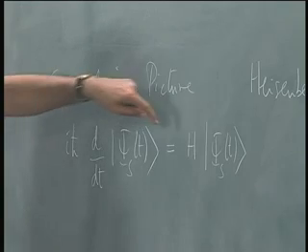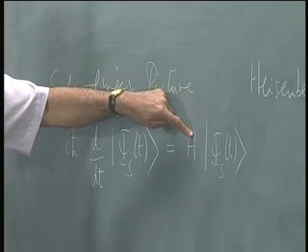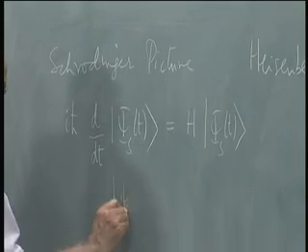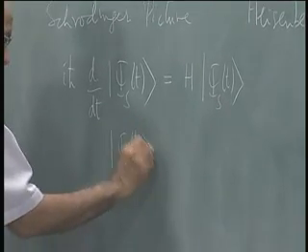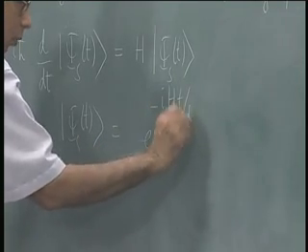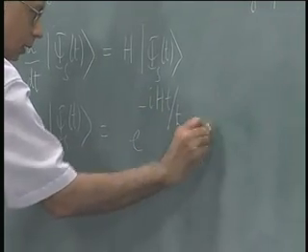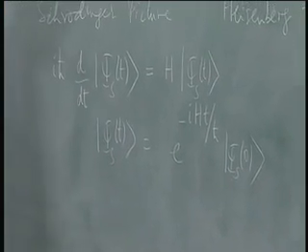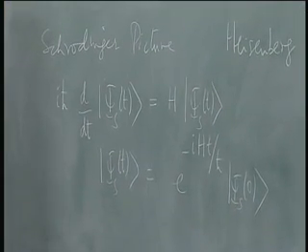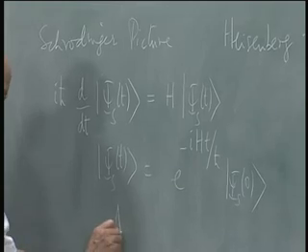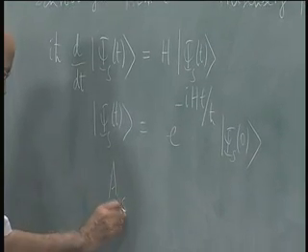In the case where H was explicitly time independent, you could write a solution which was psi s of t equal to e to the minus i H t over h cross psi s of 0 for any given state vector here. And physical observables which did not have explicit time dependence in them were represented by Hermitian operators of the form A Schrodinger.